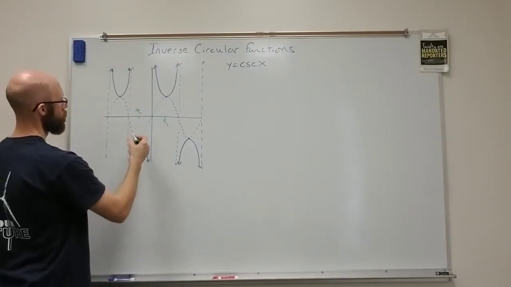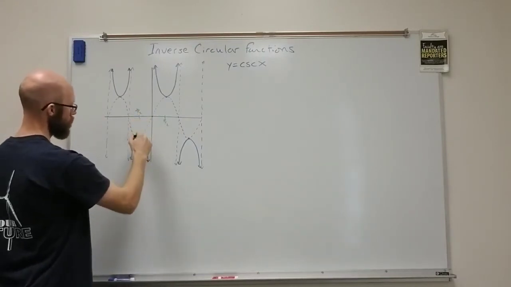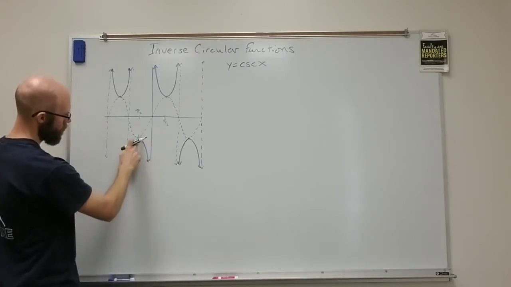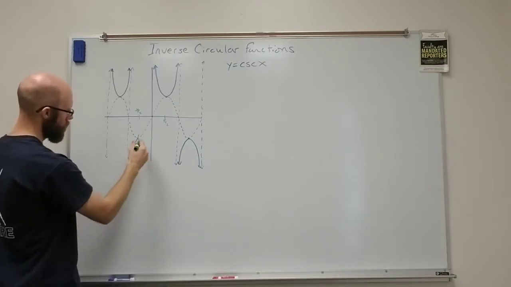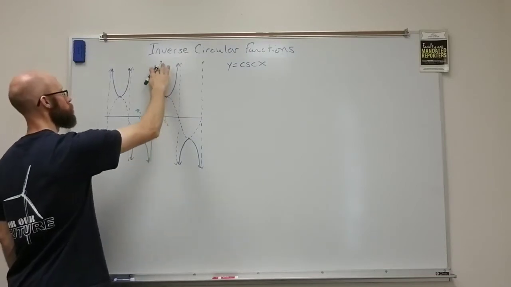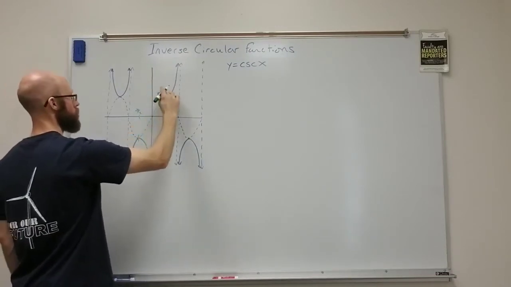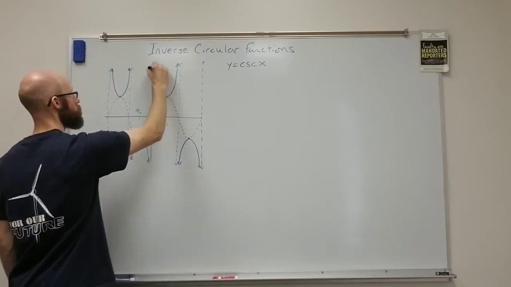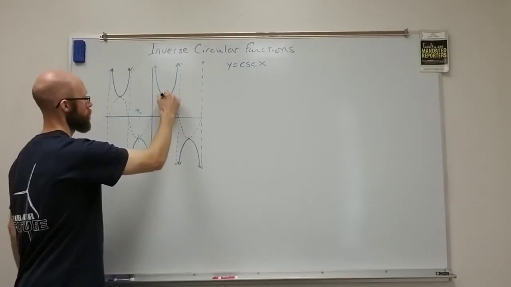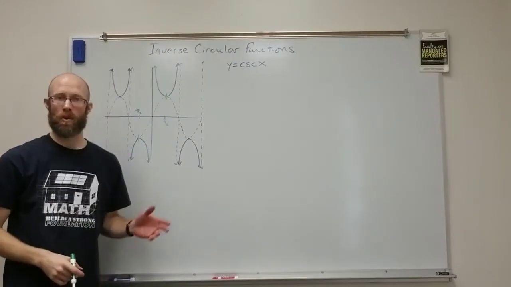So we're going to just be looking at that region there. Maybe I'll erase part of that. So the part that I'm drawing in green is the actual part of the cosecant that we're going to use. That's the restricted portion that we're going to use for this discussion.